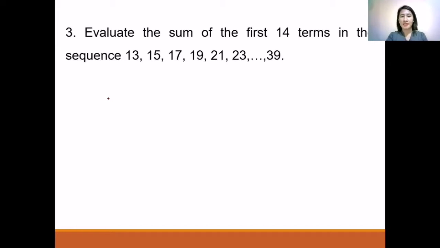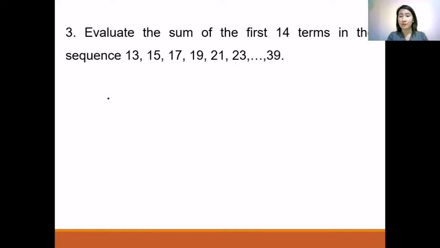Let us have the third example. Evaluate the sum of the first 14 terms in the sequence 13, 15, 17, 19, 21, 23, up to 39. So in this example, you are given the first and the last term. Okay? So with that, you will actually be able to answer it easier. So we'll be using the easier solution.